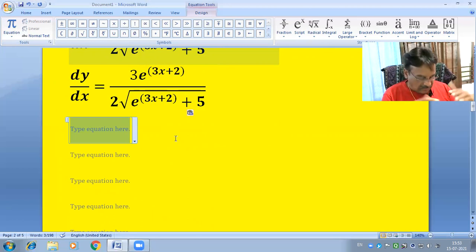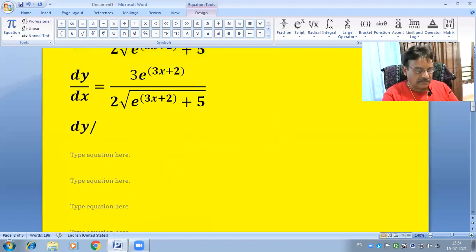Next problem, that is problem number 3. In this problem, again we find dy by dx, or differentiate the given function with respect to x.